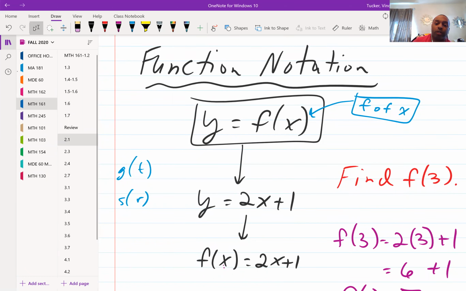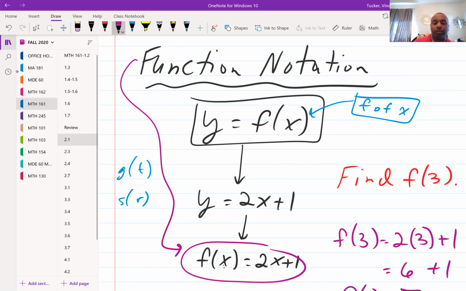So y equal to 2x plus 1 is the same thing as f of x equal to 2x plus 1. It's just that f of x equal to 2x plus 1 is actually considered function notation. Once you put the f of x there, that's considered function notation. So what that allows us to do is to give instructions without actually having to say much.